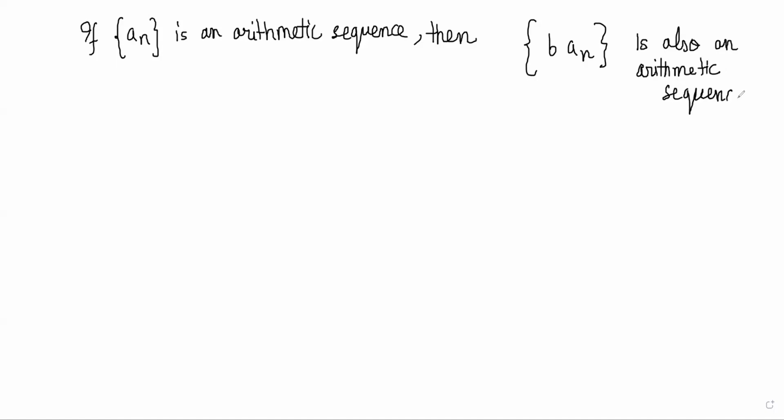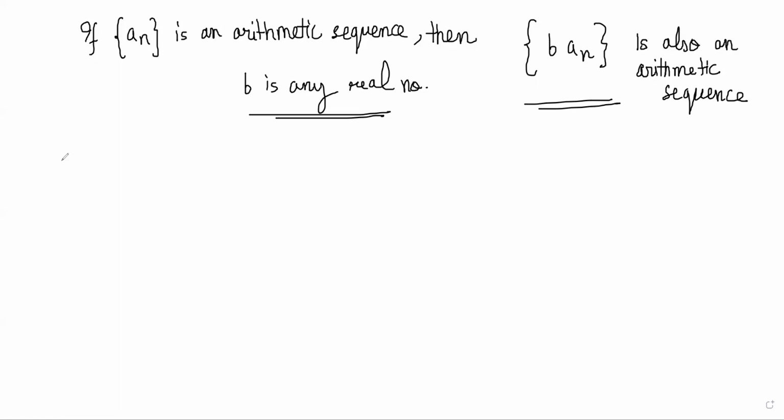What is B here? B is any real number. So if you multiply the terms of an arithmetic sequence by any real number, and you multiply all of the terms, the resulting sequence is also an arithmetic sequence.